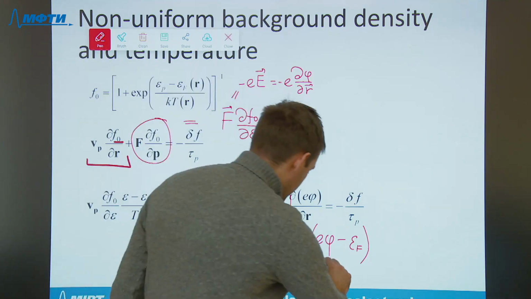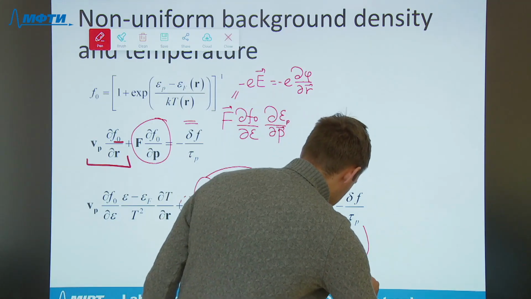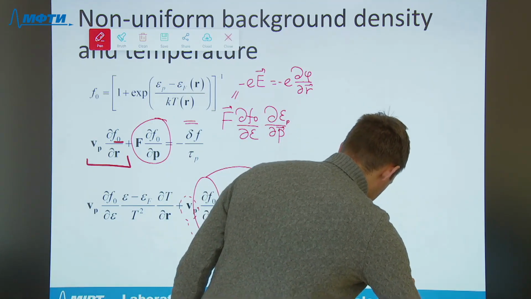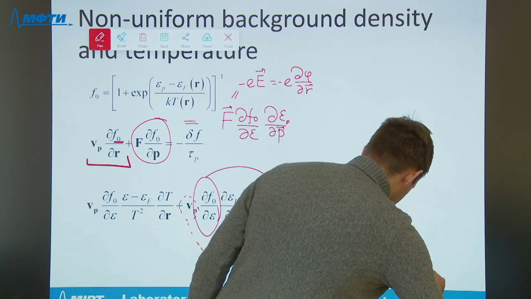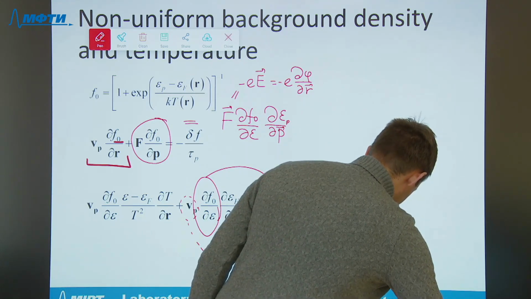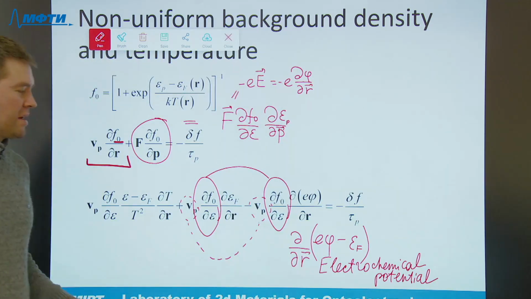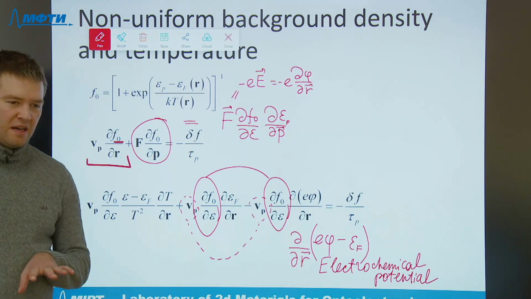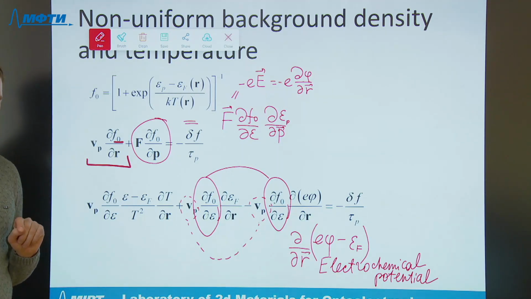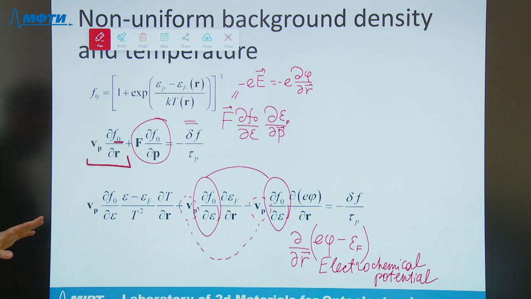It is called electrochemical potential. And this electrochemical potential shows us the combined effect of drift and diffusion.